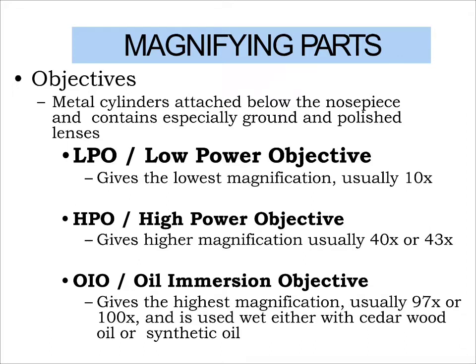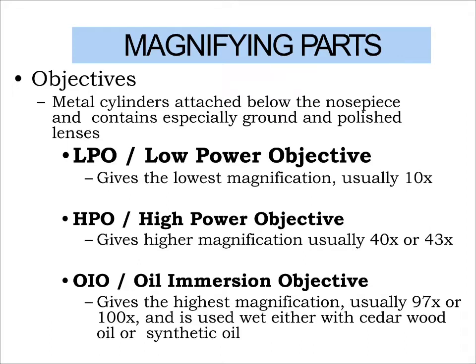And the oil immersion objective gives us the highest magnification, which is 97 times or even 100 times or more bigger than the microorganism. And we usually use here the cedarwood oil or synthetic oil to see the microorganisms. So we usually use the high power objectives in our laboratory.